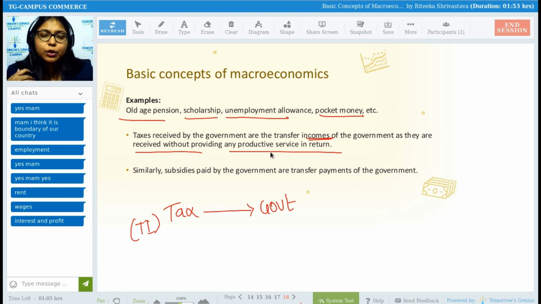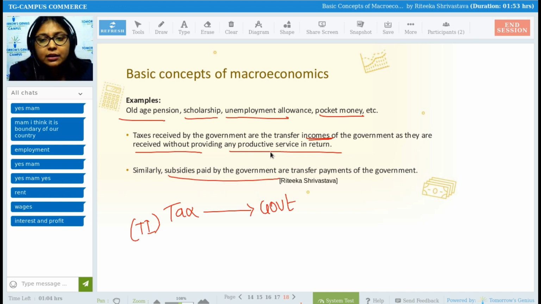Tell me, I will provide you that good or that service. No, the government will not say that, because the government does not do anything for each and every individual living in the country. So the tax which we pay to the government is a kind of transfer income, because in return the government is not going to individually provide any goods or services to me.